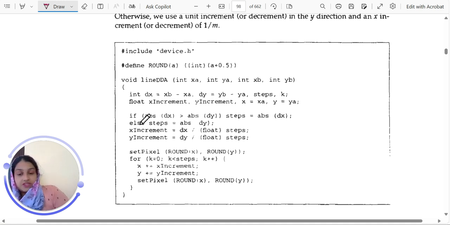Then we have the if statement where if abs dx is greater than abs dy, then steps equal to abs dx, else steps equal to abs dy. Now x increment equal to dx by float steps and y increment equal to dy by float steps.